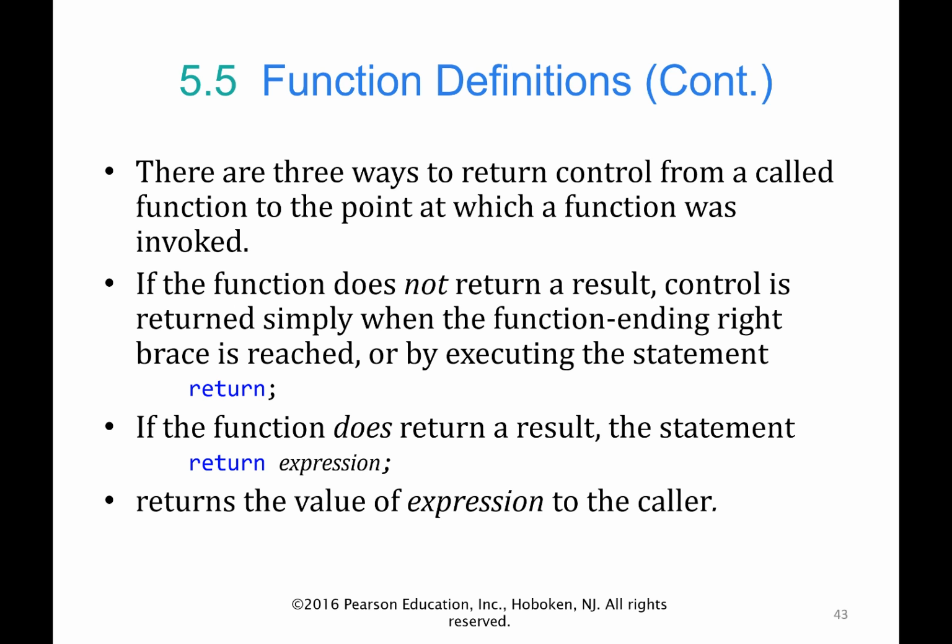So again, if the function doesn't return a result, when the end of the function is reached, it just goes back to the calling function. Or you can put a return without anything to it. Some functions don't return anything.